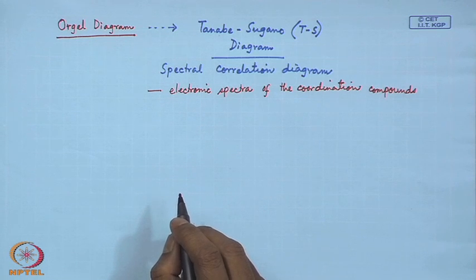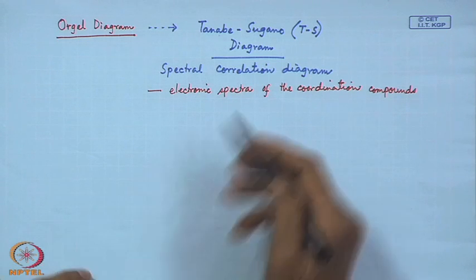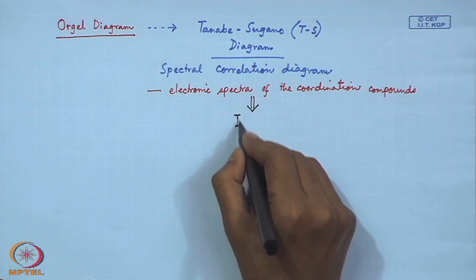When we have these electronic spectra of coordination compounds, how can we interpret them? So, interpretation is very much important.